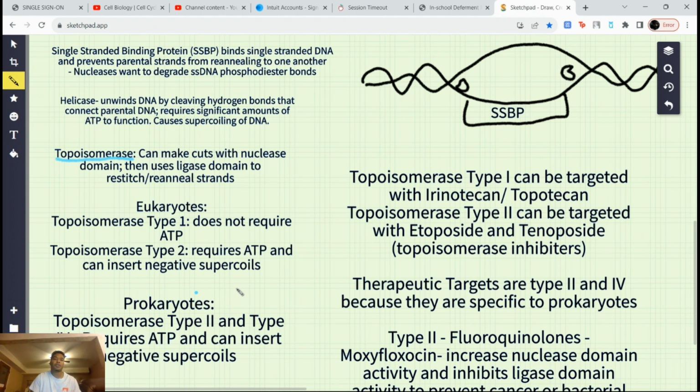So instead of topoisomerase 1 that just goes along and finds a supercoil, cuts it, and then reanneals it, topoisomerase 2 is proactive, taking preemptive measures to prevent supercoiling. And in prokaryotes, they use type 2 and type 4. Type 4, similarly to type 2, requires ATP and can insert negative supercoils.